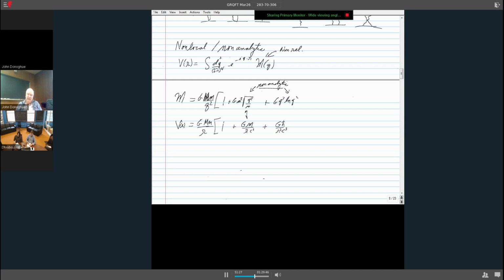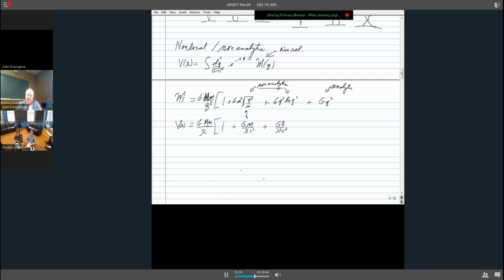The next piece that we could imagine getting is something that involves H bar. So let's put G H bar over R squared, cubed, that is, I'm pretty sure. This is down by another power, so linear in G, one loop.